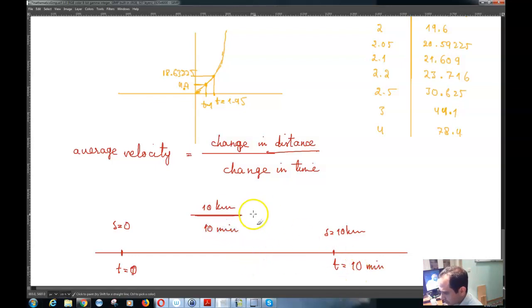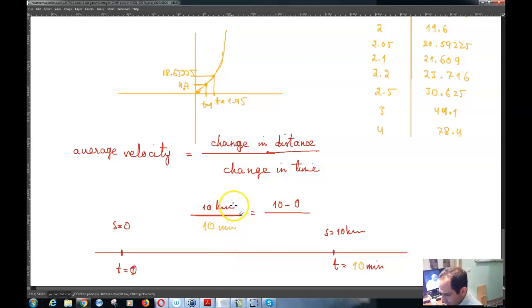And so you can write this as 10 minus 0 over 10 minus 0. Of course, I should have written this as 8, so that you don't get confused by this definition. T is equal to, for example, 8 minutes.